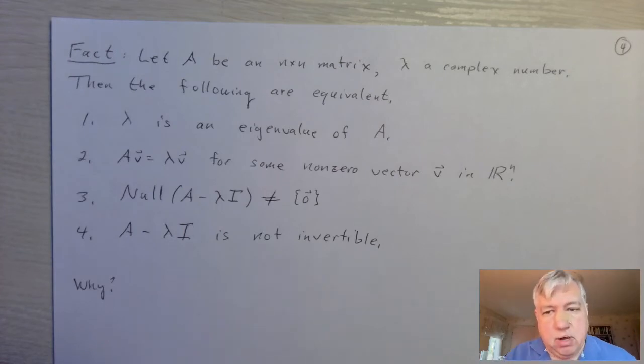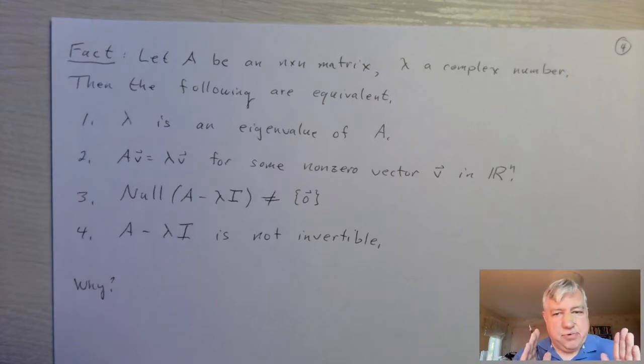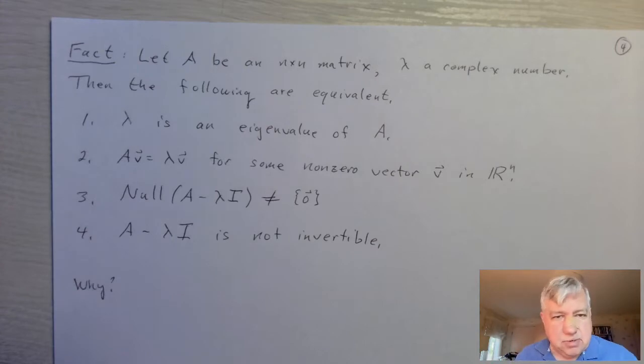Now, if you recall from the last chapter, the fundamental theorem of invertible matrices says that a square matrix being invertible is equivalent to its null space being 0. The flip side says that if a matrix is not invertible, then its null space is not 0.